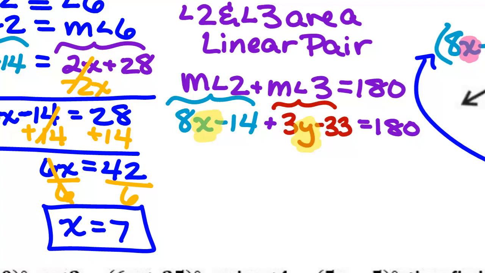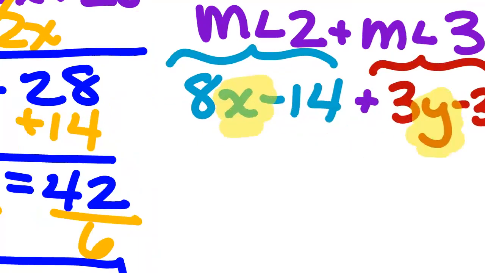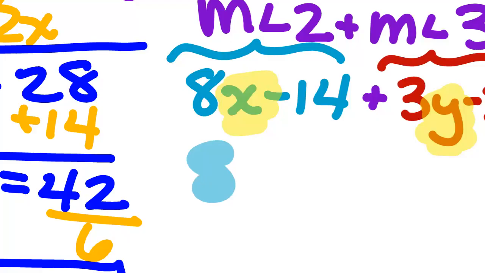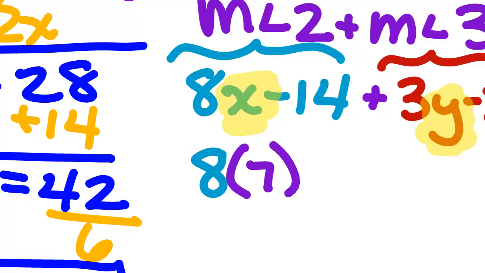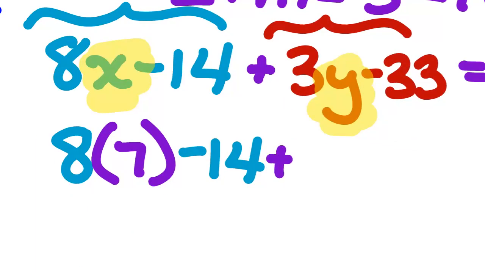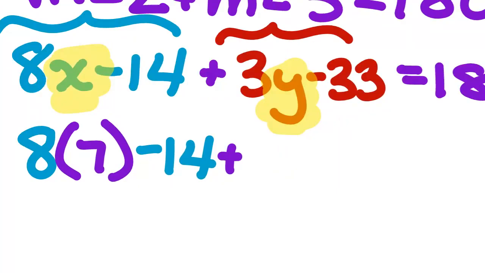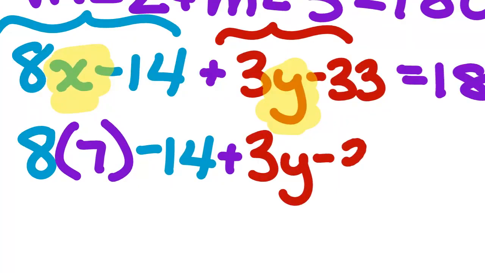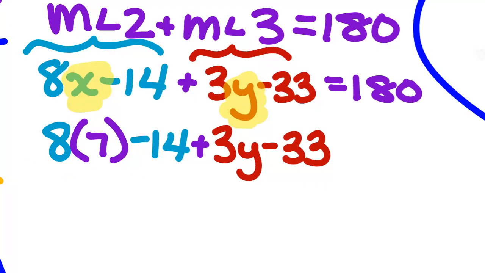We're going to substitute the 7 that we just found in the place of x. So I would have 8 times 7 minus 14 plus 3y minus 33 equals 180.